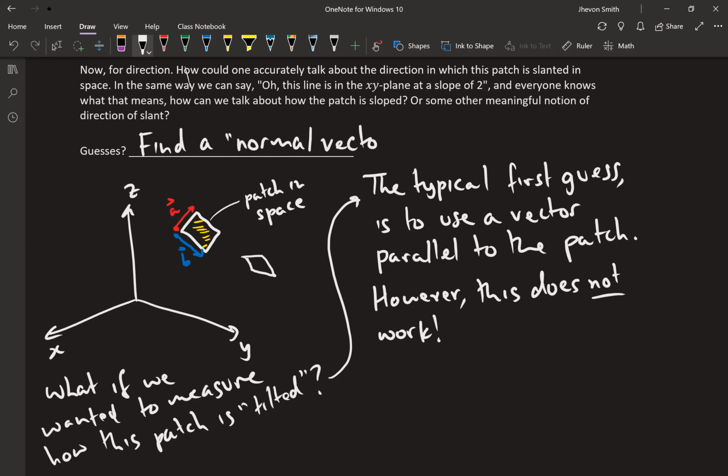So this is us finding a vector orthogonal to the patch. And remember, orthogonal, aka it's perpendicular. Orthogonal.